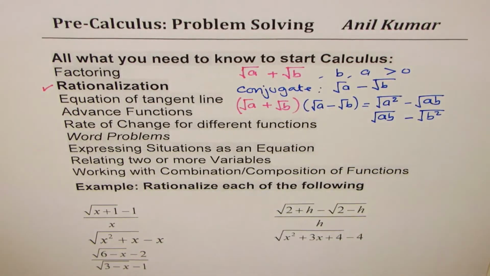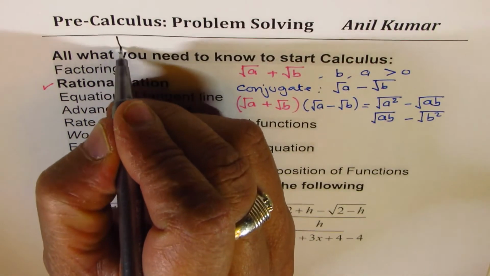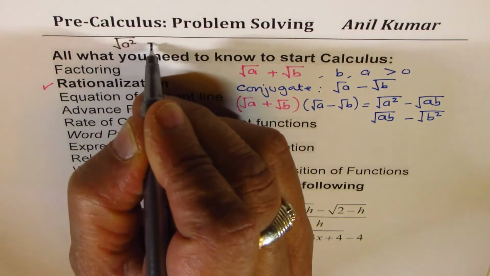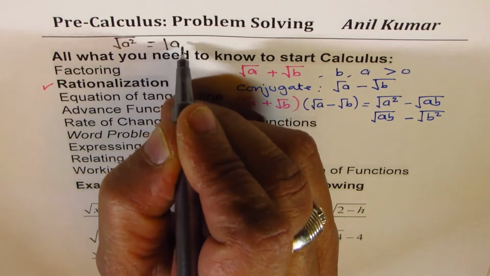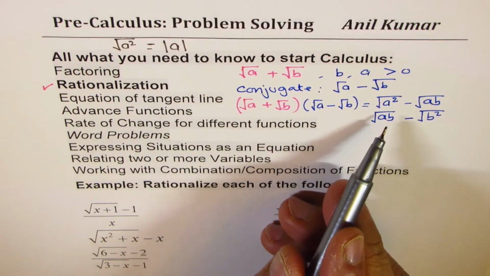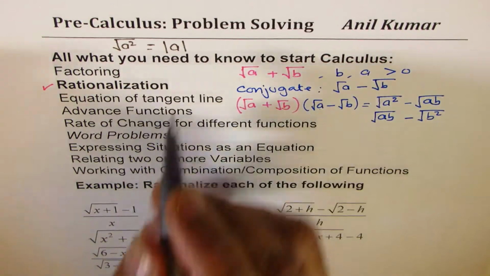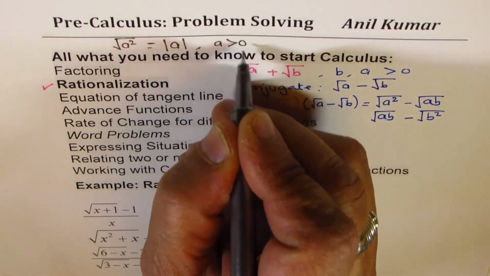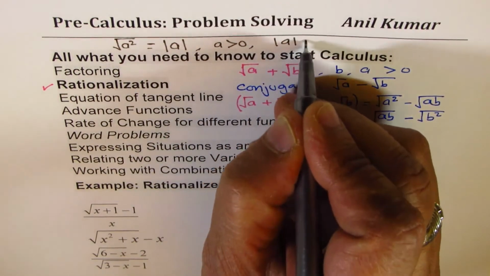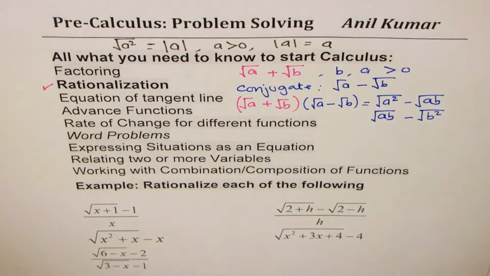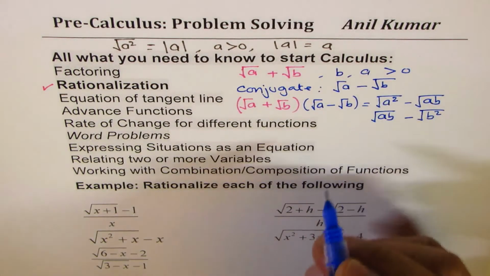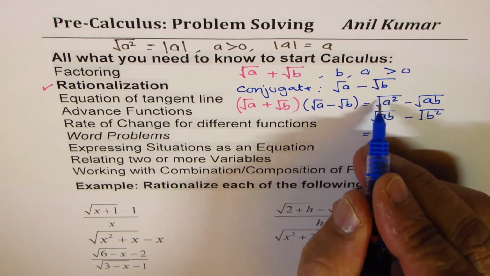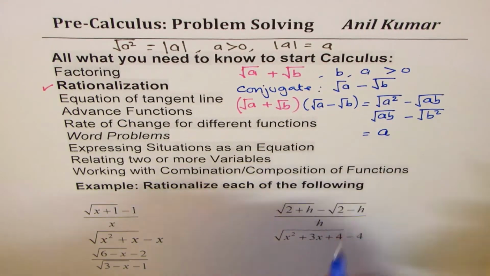Big question. What is square root of a square? Well, I'll provide you with the link which says that square root of a square is indeed equal to absolute value of a, not just a. Now in our case, since a is greater than 0, absolute value of a is equal to a, and that is why I'm going to write this as square root of a square as a, correct?